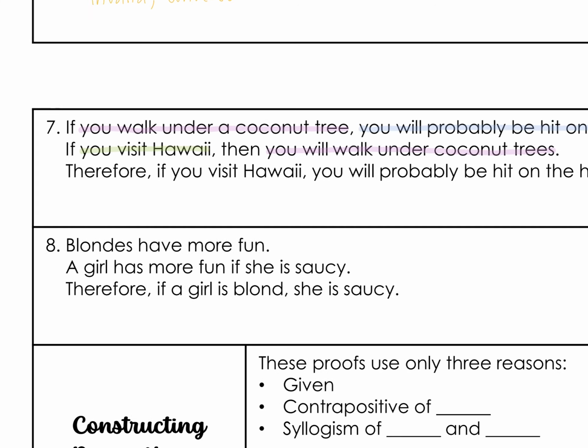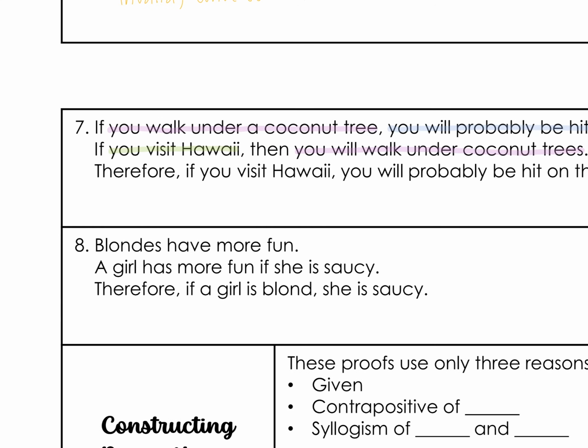So if we look at this one, even though it looks a little funky here, remember, one of the options they told us that we could do was to switch the order without writing the contrapositive, converse, or inverse. We can just switch the order of these two, and that's actually what they're doing here.